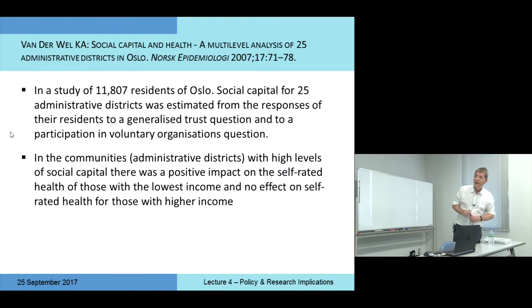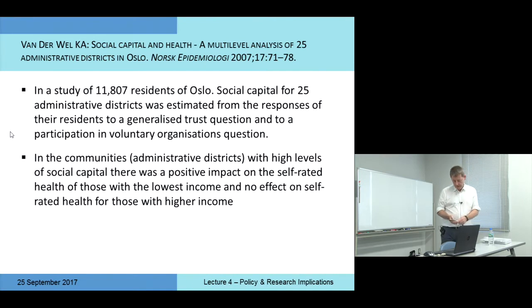They also had a question about participation in voluntary organisations. And what they found was in the communities or administrative districts with high levels of social capital, there was a positive impact on the self-rated health of those with the lowest income, and no effect on self-rated health for those with the higher income.